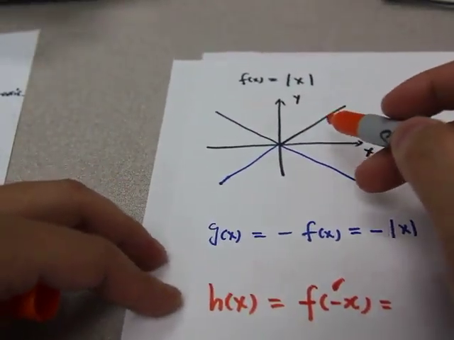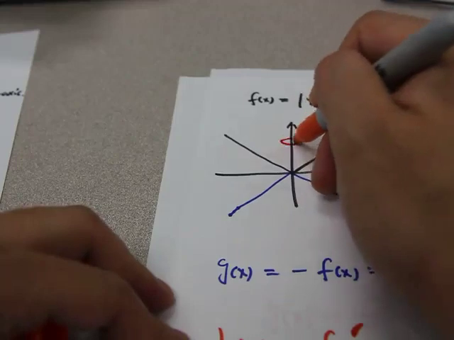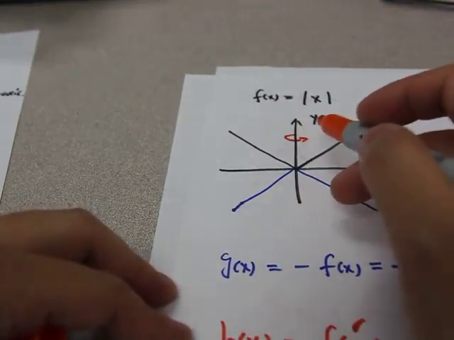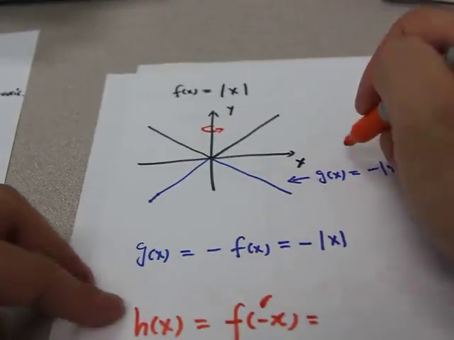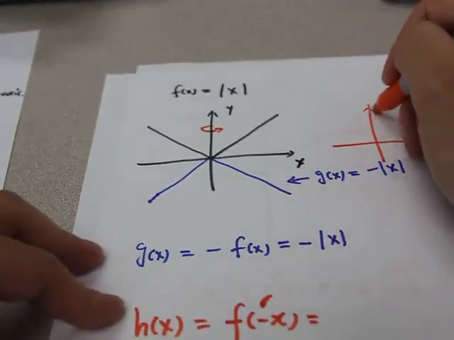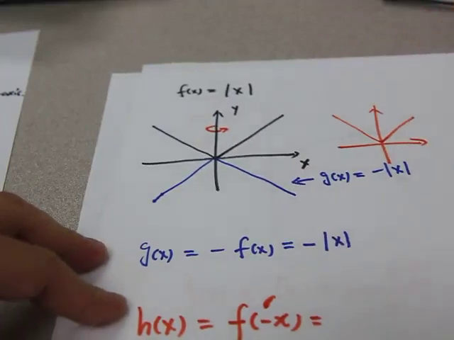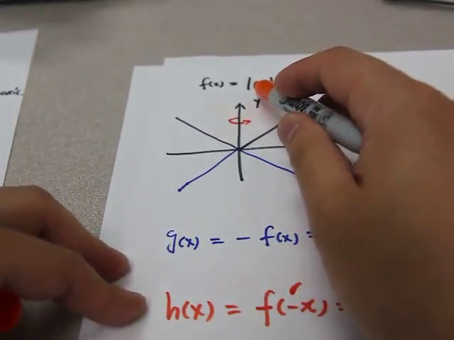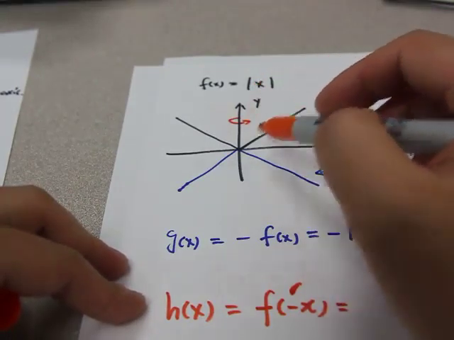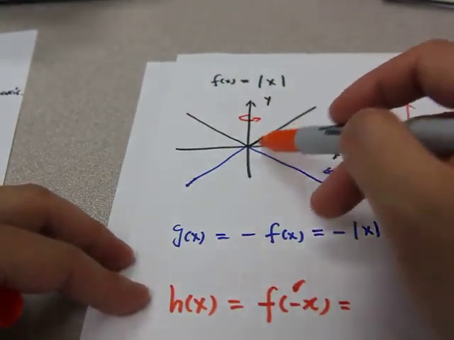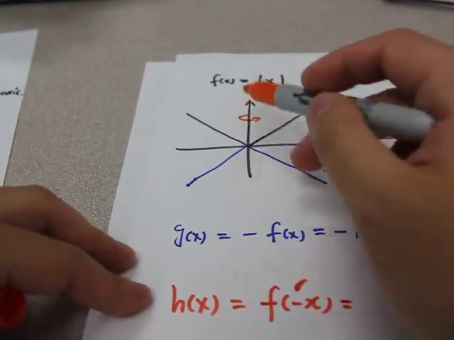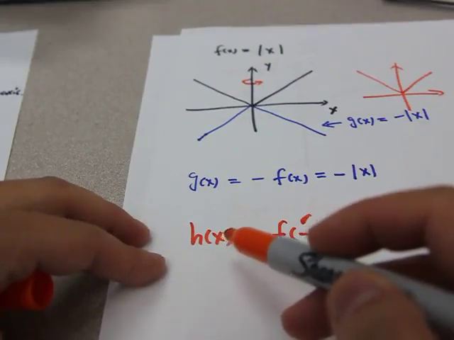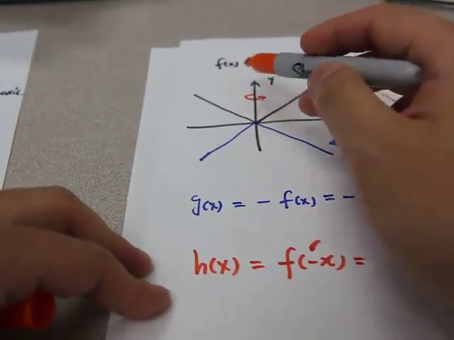And you see, if you turn this over the y-axis, you will get the same thing. And this is because the absolute value function, the graph of this function is symmetric about the y-axis. So its y-axis reflection will be itself.